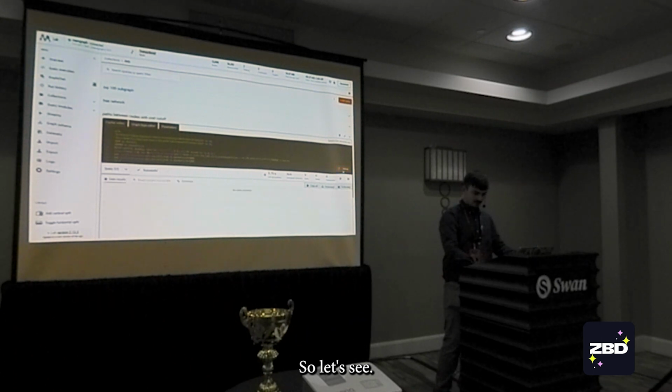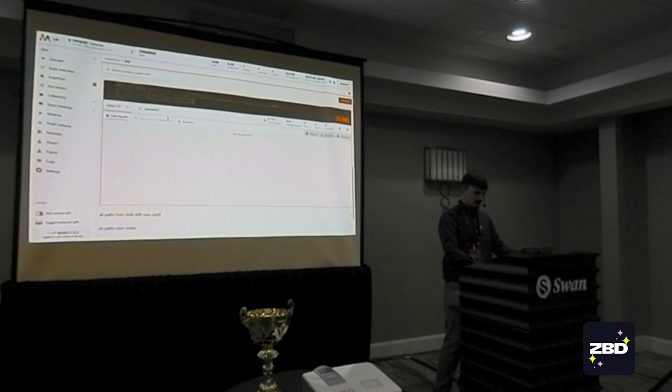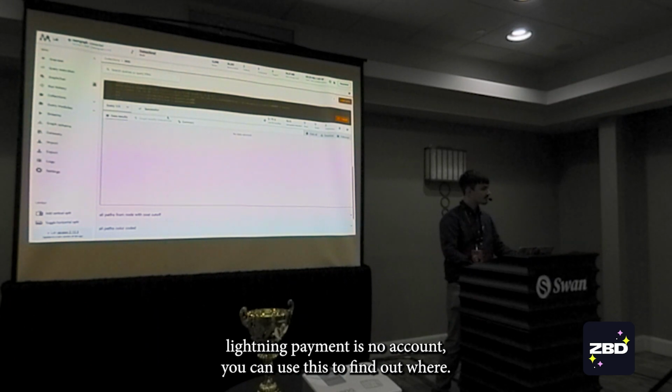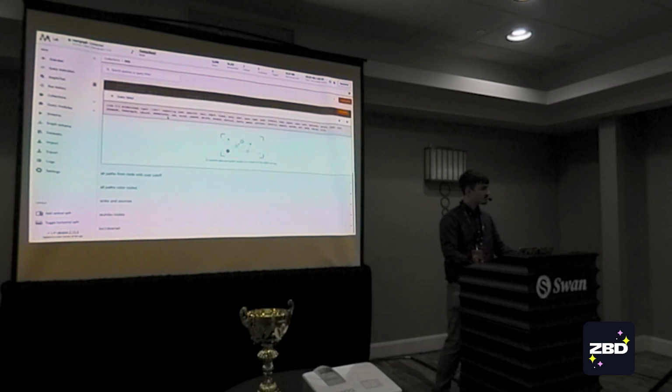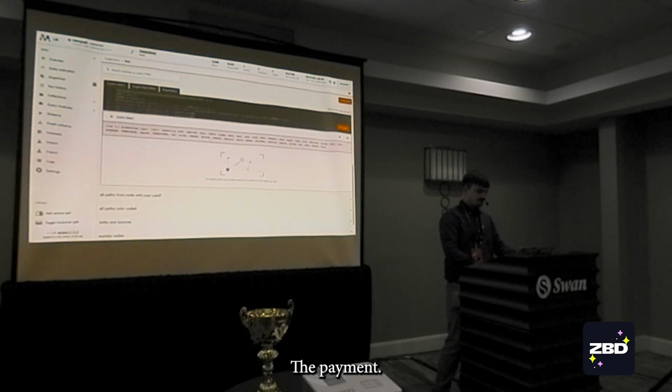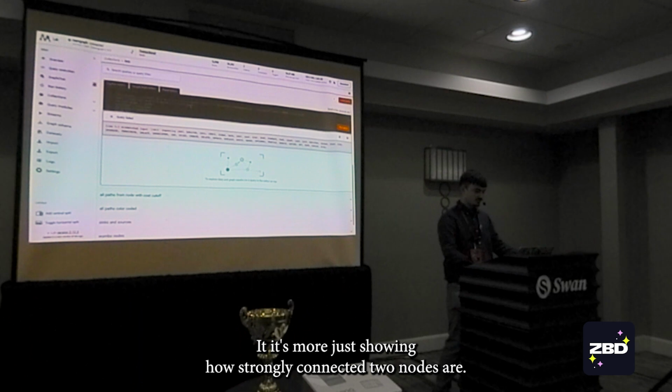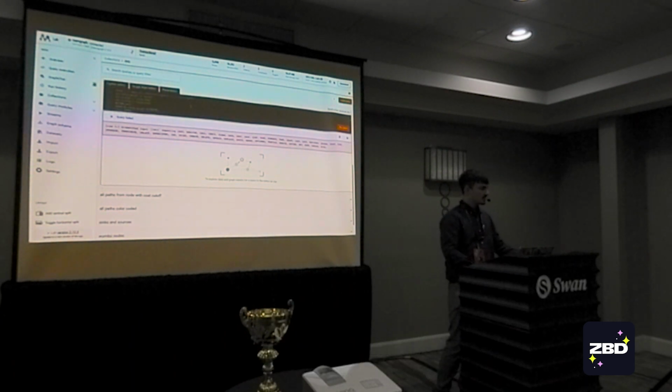Not necessarily. It's more just showing how strongly connected two nodes are.